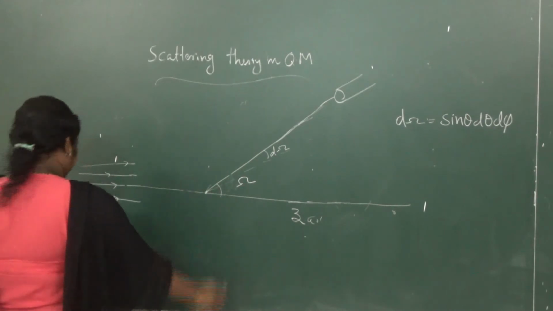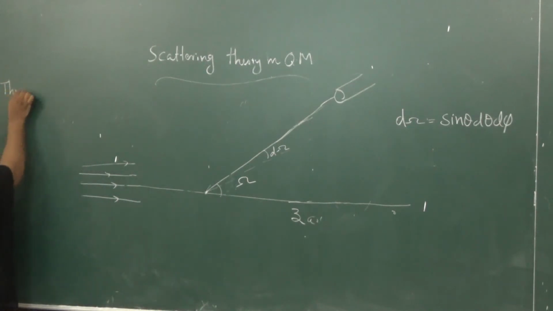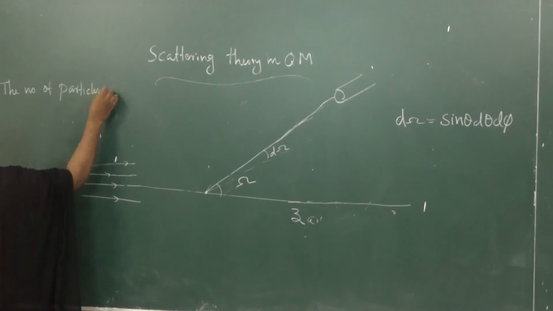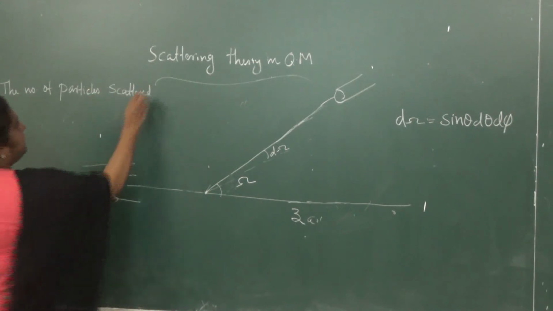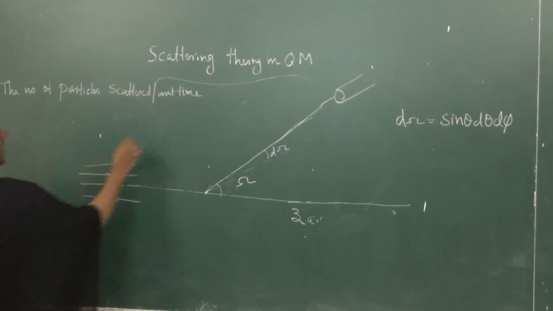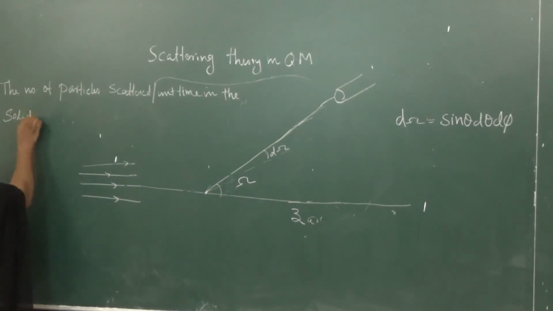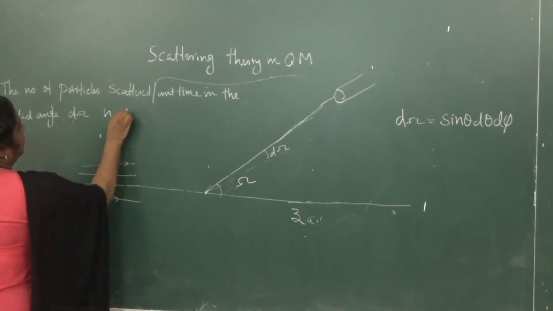At the target. Okay. Then the number of particles scattered per unit time in the solid angle d omega by a scattering center is delta n.